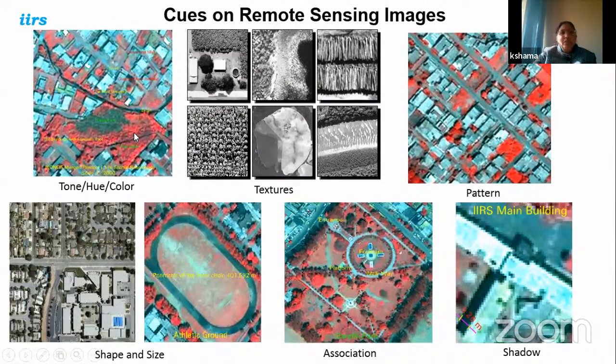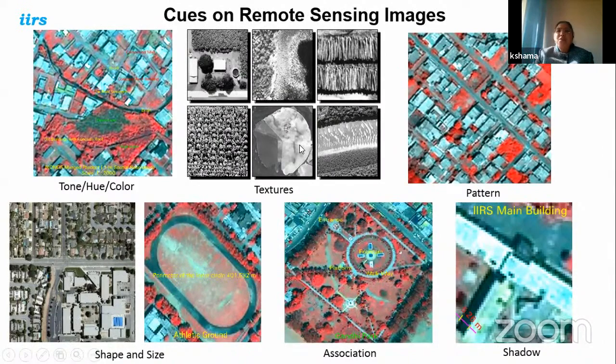This is showing a scrub area. Green, it is showing the scrub area. This is your building area. And black is generally water, because water is absorbed in the near infrared region, so water is shown in black color. So you can see that you can identify these features.